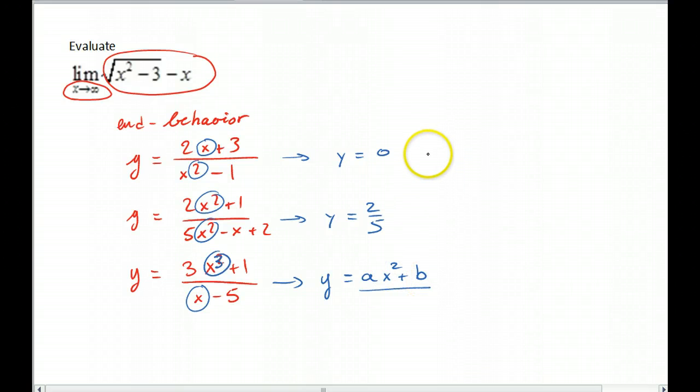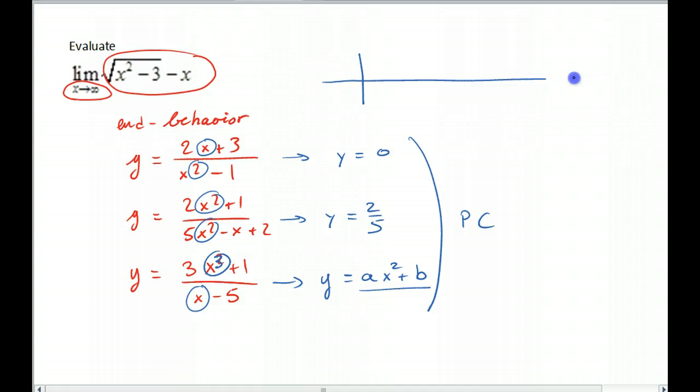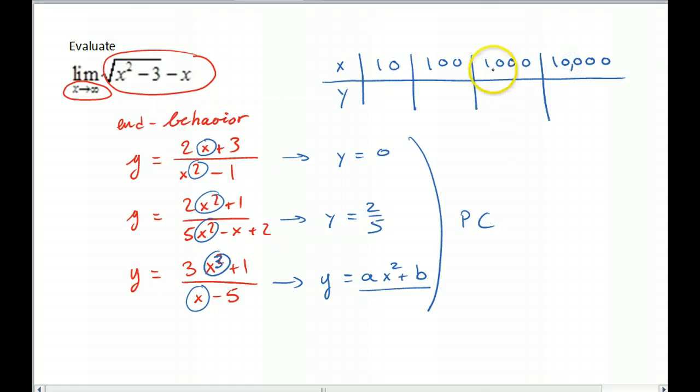So these end behaviors were all covered in pre-calculus, and you can express all of that with a limit. Now, this one is different. We could look at the graph of the function, or let's check out a table of values at 10, 100, 1000, 10,000 to see if we have an idea where the limit is going.